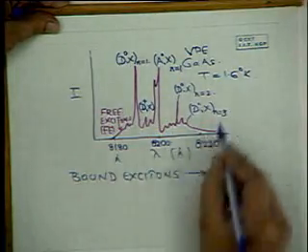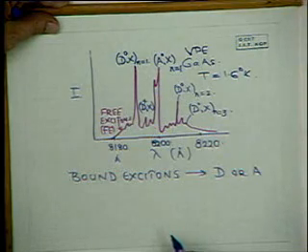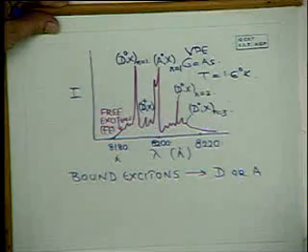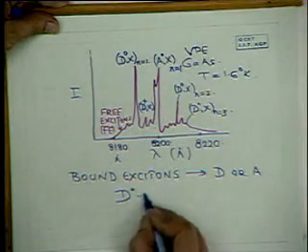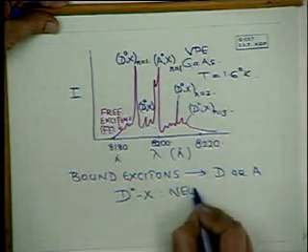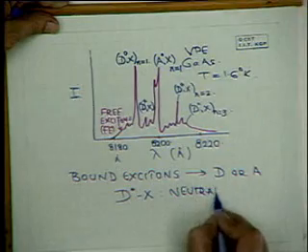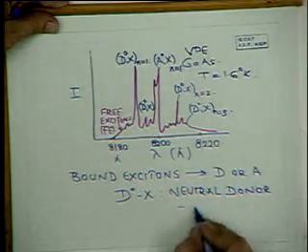So in this spectrum of very high purity gallium arsenide, we find that there are D0x, this is neutral donor bound exciton.